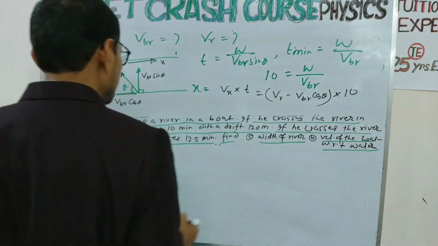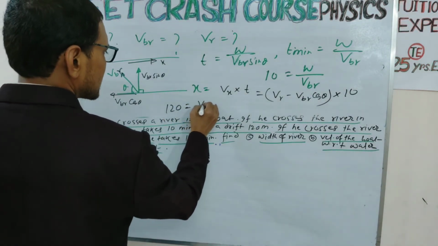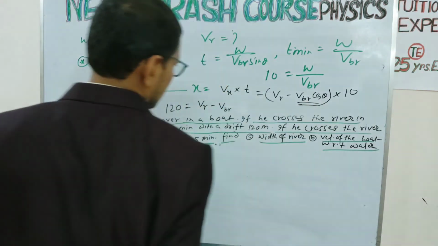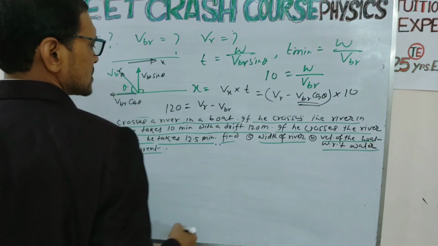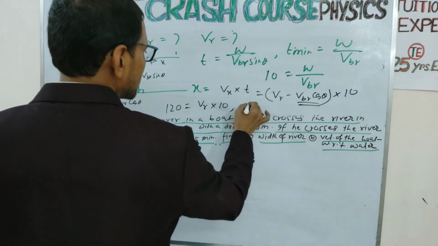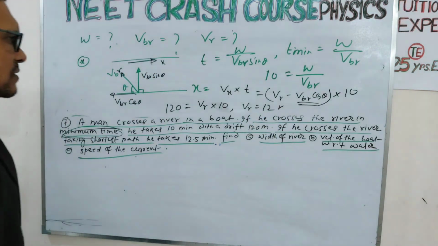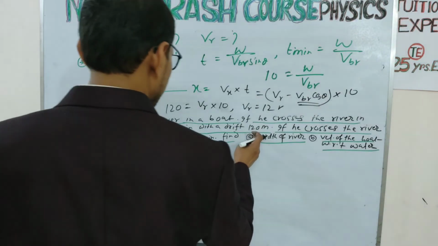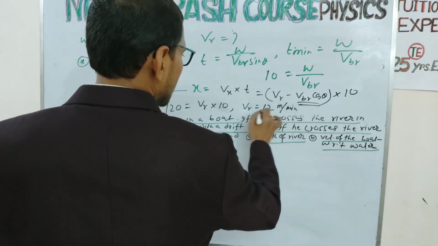So depth equal to 120, that is VR minus VBR cos theta. Sin theta equal to 1, so cos theta equal to 0. So this is only VR into 10. So we get VR equal to 12, 120 meter, so meter per minute.